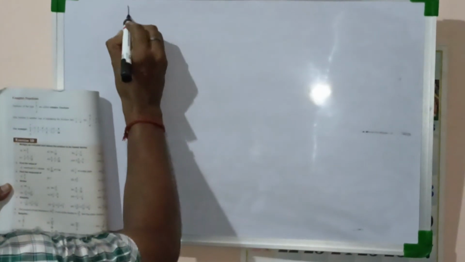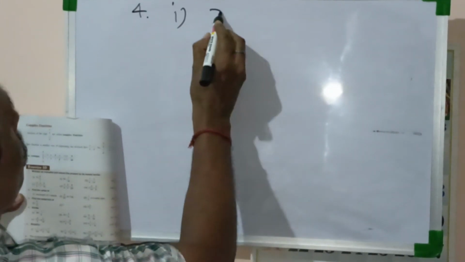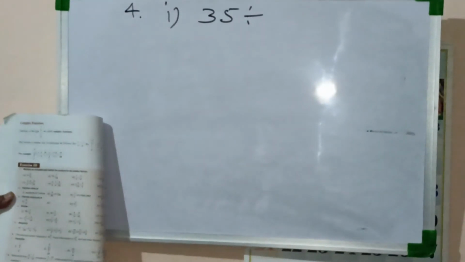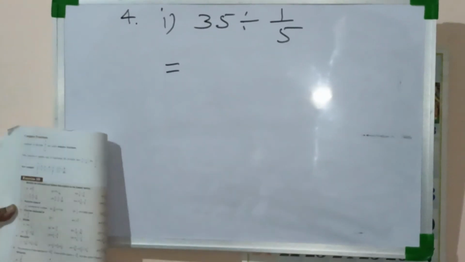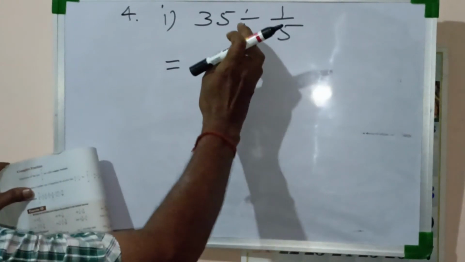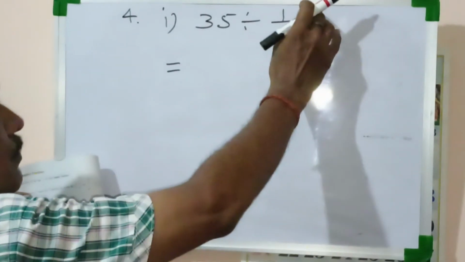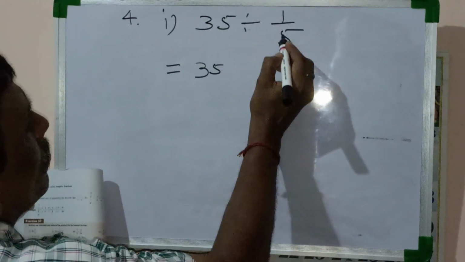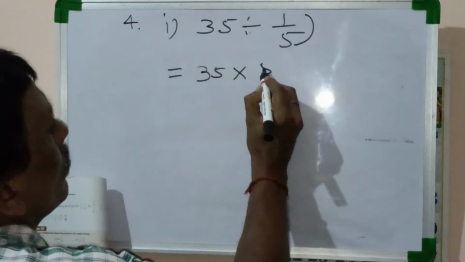Okay. So this is about reciprocal. Question number 4. Divide 35. 35 divided by 1 by 5. You see, when this division converts into multiplication, then this fraction will be inverted, the reciprocal. 35 divided by 1 by 5 means 35 multiplied by 5 by 1.